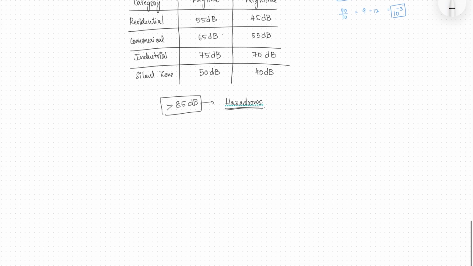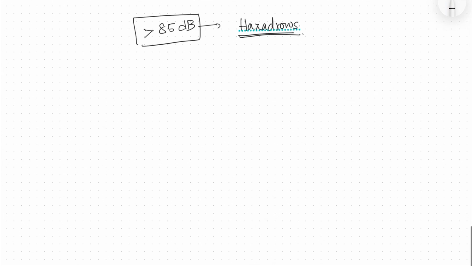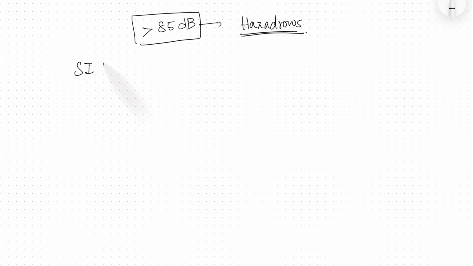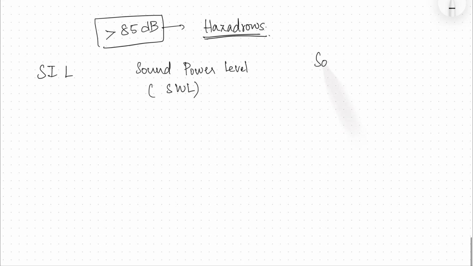I talked about sound intensity level. There's also sound power level, written as SWL, and sound pressure level, written as SPL.